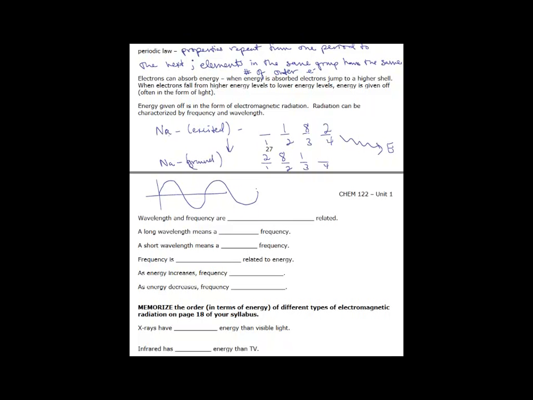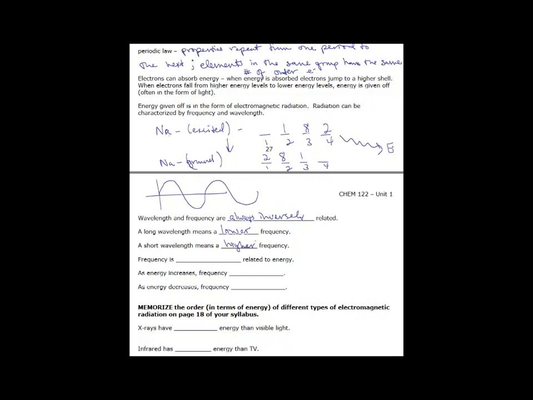So wavelength and frequency are always inversely related. A long or large wavelength means a lower frequency. A short wavelength means a higher frequency.